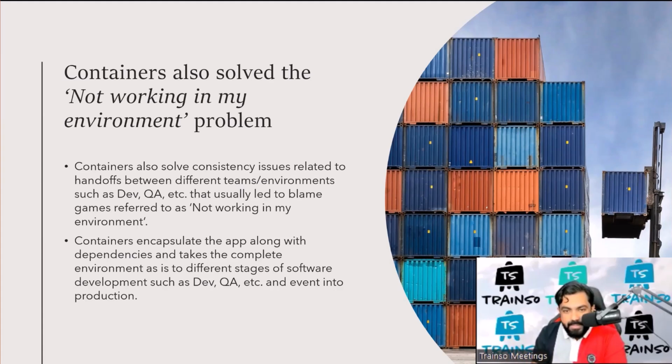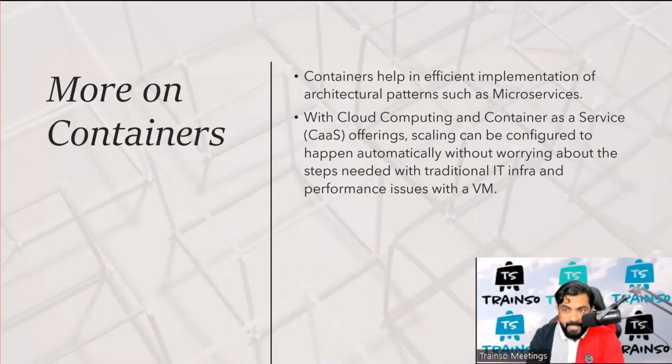So similarly, here your containers actually encapsulate your apps and dependencies. So it will take the same encapsulated thing to different environments and prevent consistency issues and the problems such as not working in my environment. Containers help in efficient implementation of architectural patterns such as microservices.